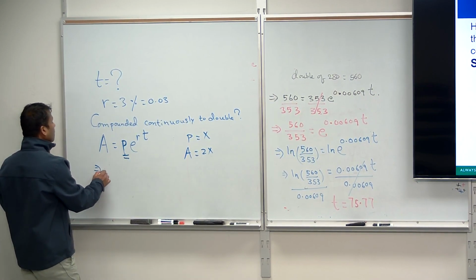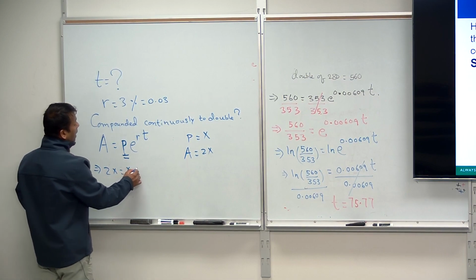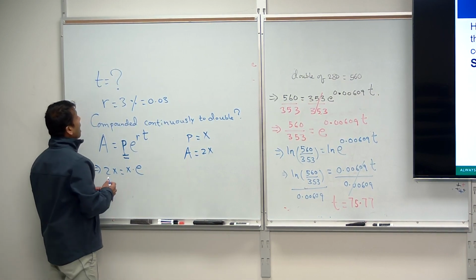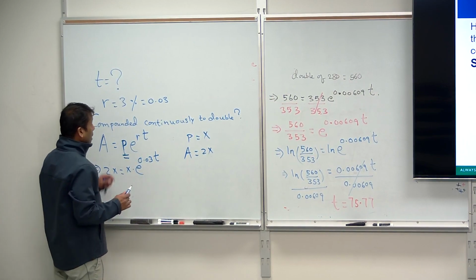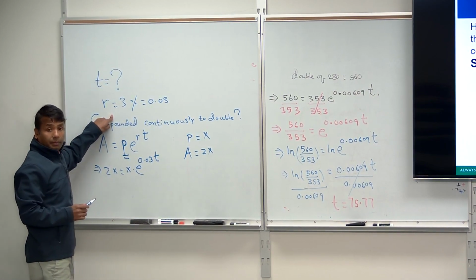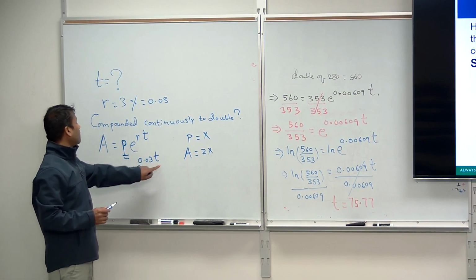So this is going to be 2X equal to X times e to the power R, where R is 0.03, times T. So you need to find out the value of T from here.